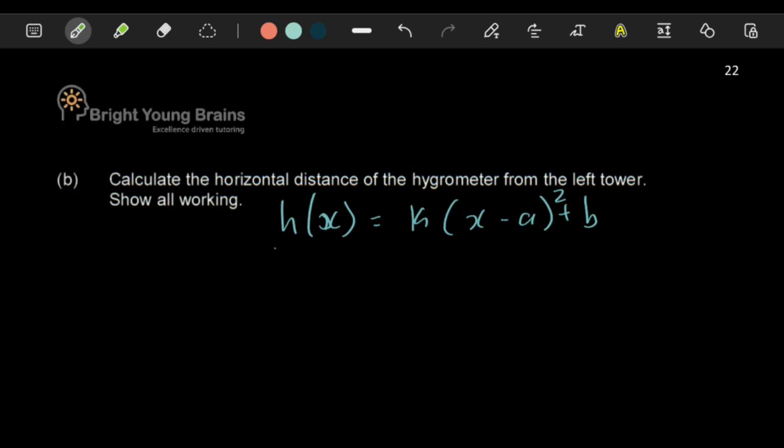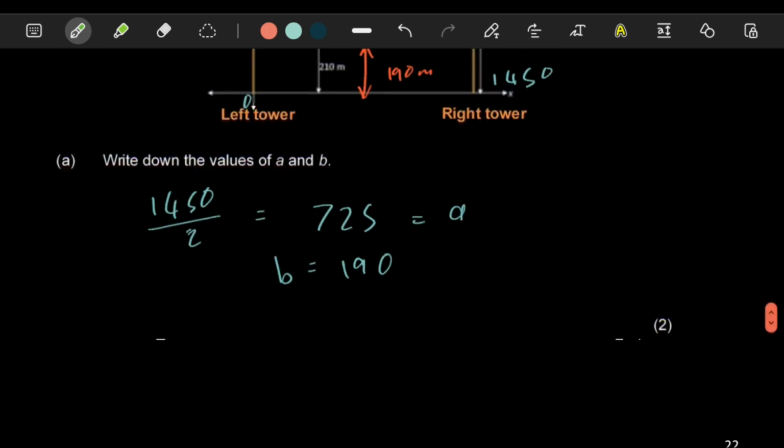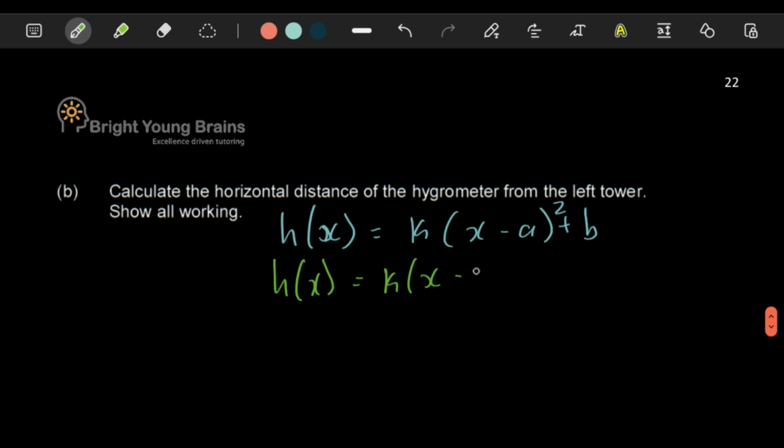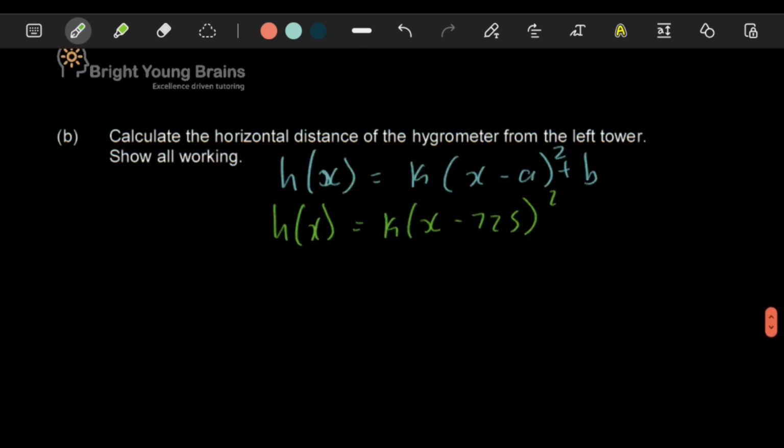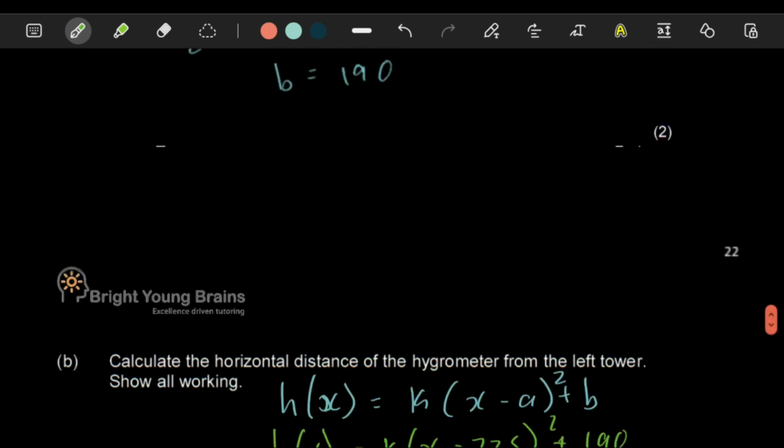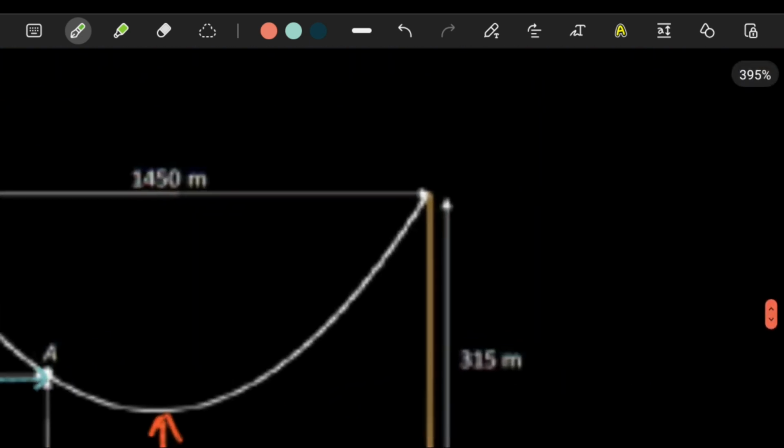We worked A out to be 725, so it's negative 725 over here. B was 190. There we go. To get K, we need a coordinate that the graph passes through. And we have one right over here.